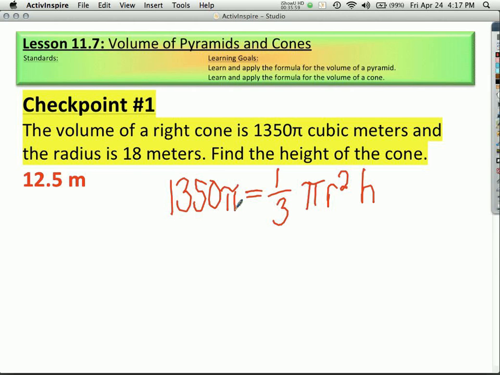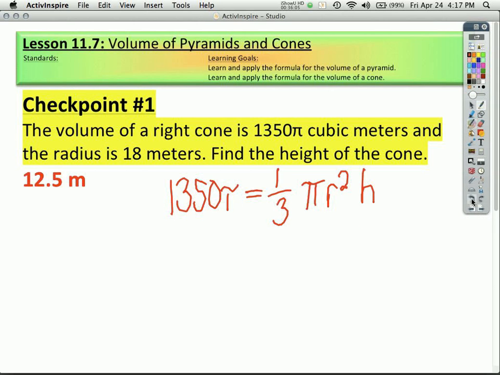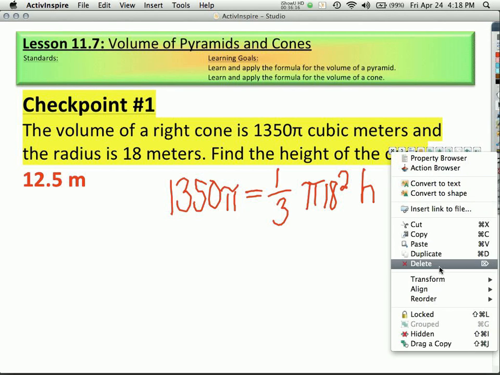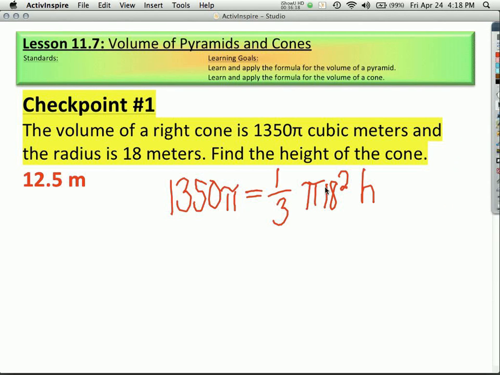In theory, you could just divide everything by this. Oh, and I'm sorry, the radius is 18, so this is not r, this is 18 squared. So we can divide everything by 1/3 pi 18 squared.